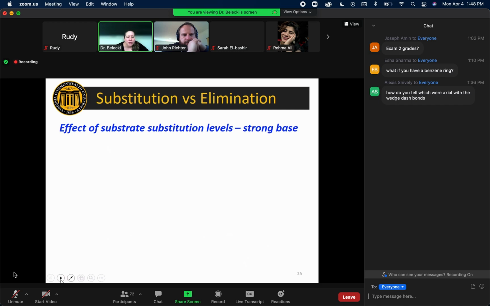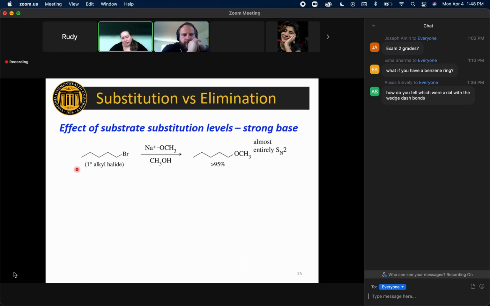Okay, so just to put this in a couple of different terms, if we look at substitution levels on an alkyl halide that is a primary alkyl halide with a strong base, that's going to go almost entirely SN2, right?